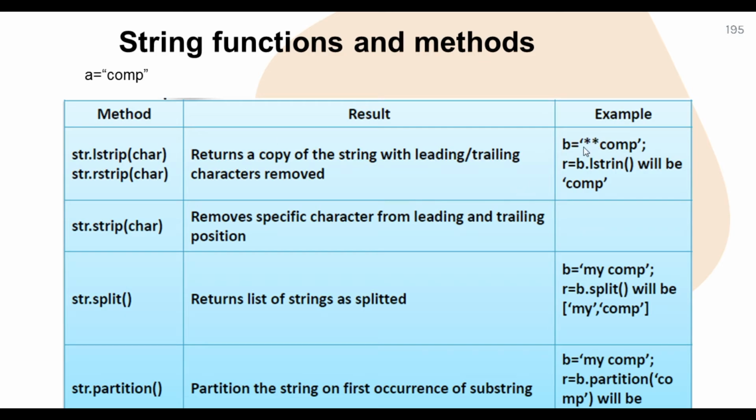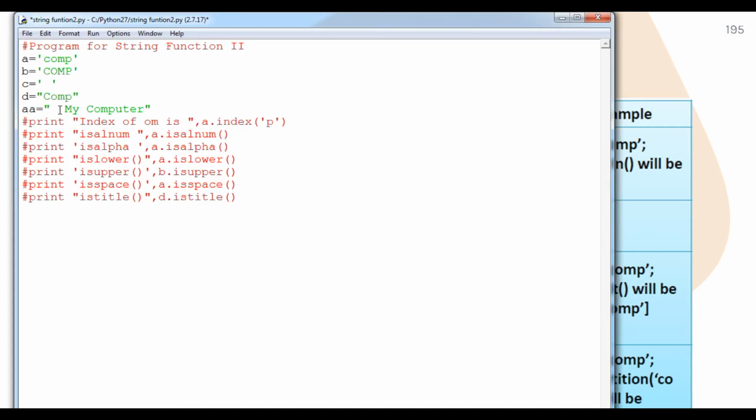So here you can say, student, b equals, suppose we have two spaces and then COMP, so it will be written like that. With lstrip, here is a spelling mistake, but lstrip will remove all spaces on the left side. In the same way, rstrip will strip whatever spaces are on the right side.